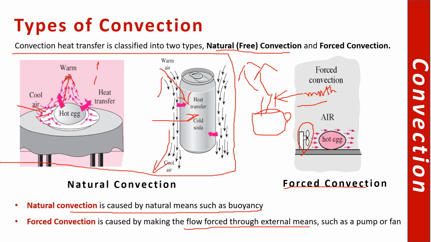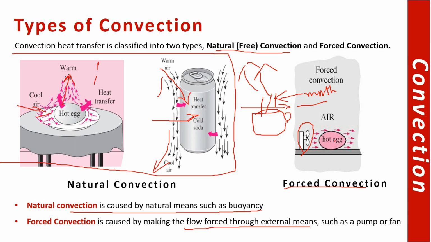This type of heat transfer would be called forced convection, because you are blowing air across the surface of the hot tea, due to which the heat transfer is increased.